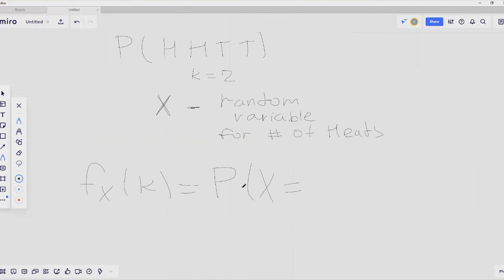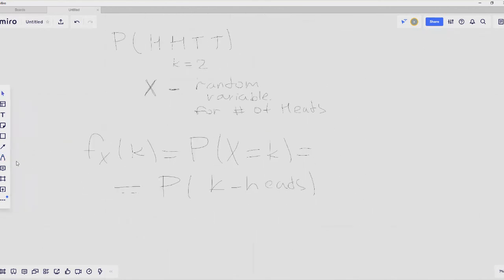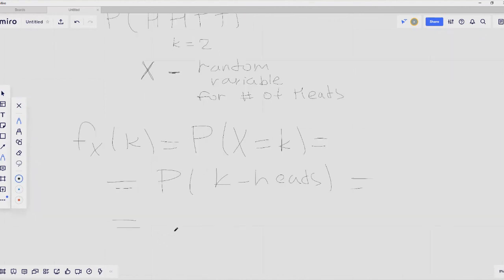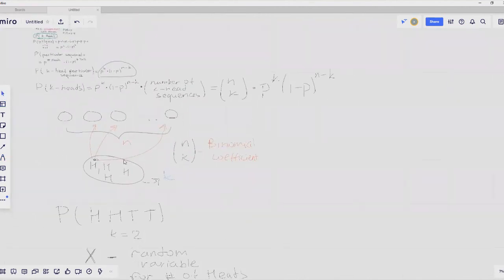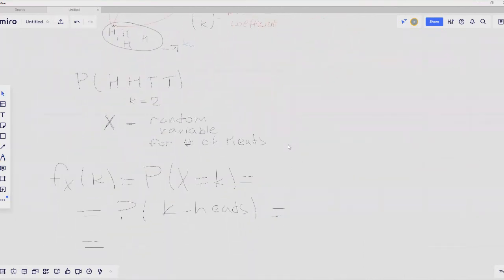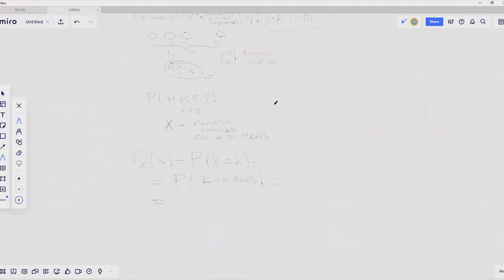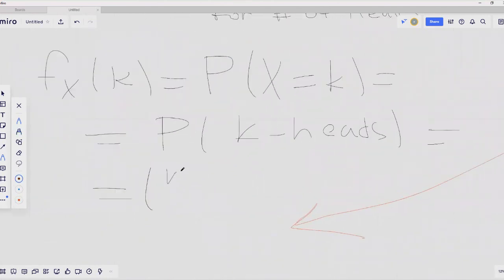So the probability that random variable X is equal to k, or probability that we have k heads in our sequence of n independent trials, is calculated using that formula that we have derived before. N choose k multiplied by p to the power of k multiplied by 1 minus p to the power of n minus k.